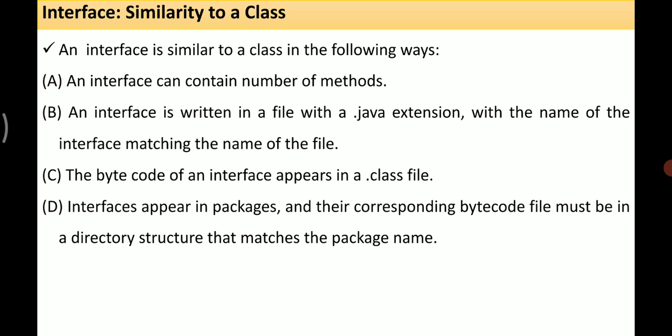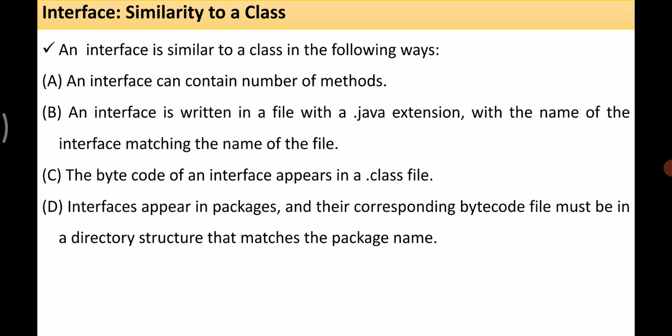Now we'll see how an interface is similar to a class. An interface is similar to a class in a number of ways. An interface can contain a number of methods.